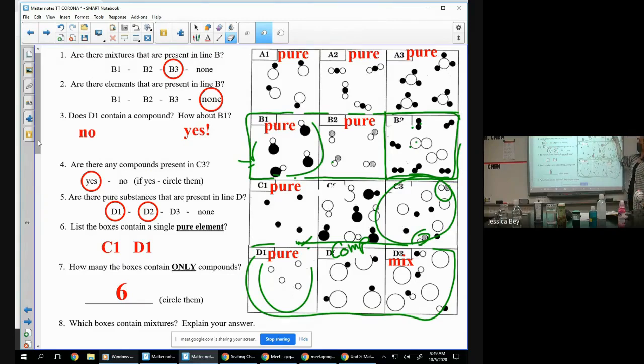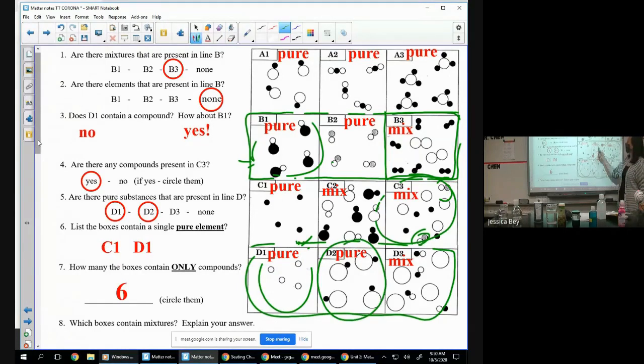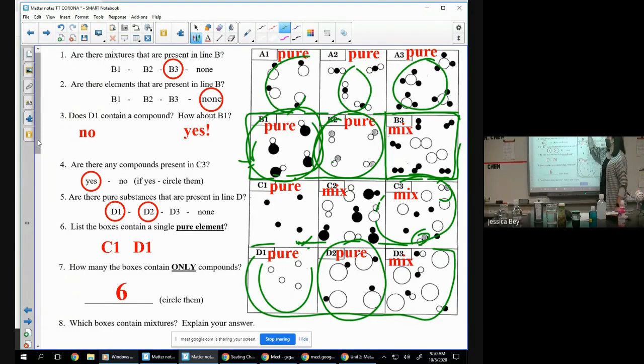I see B3 as a mixture. This also has 2 different types of matter in it, and C2 is a mixture. C3 is also a mixture. And then we said this was a compound as well. So the compounds that we see are 3, 4, 5, and 6.